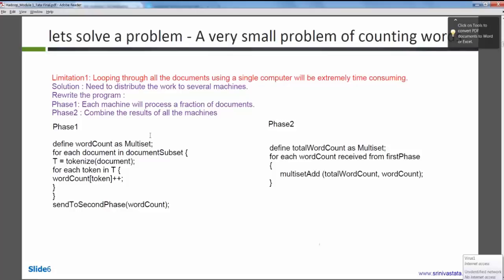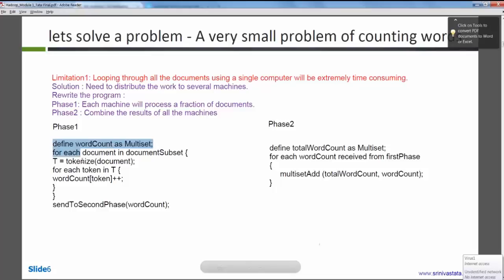So the final output when you are giving, you need to combine the 10, 2 and 1, to say how many times "do" appeared. That means 13 times you have to calculate. So you need to divide the program into two phases.